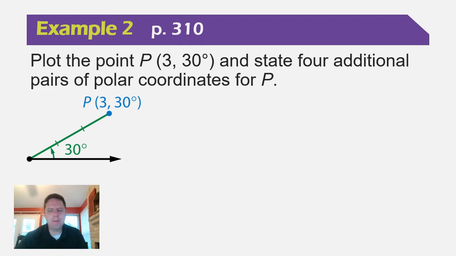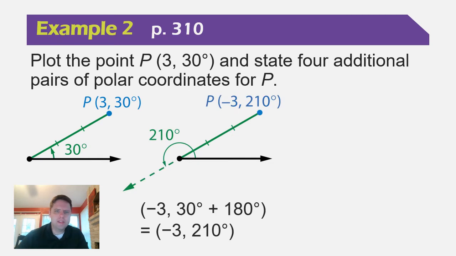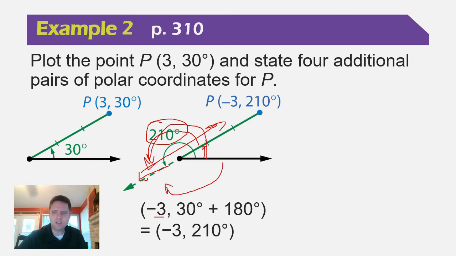But how about instead we do it the other way, where we give a negative measurement for the radius? Instead of it being 30 degrees, we could add 180 to that 30 and get 210 degrees. And then, instead of 3 in the positive direction, make it a radius in the negative direction: negative 3, 210. And if we can measure that angle from this direction, we could also measure it from this direction.